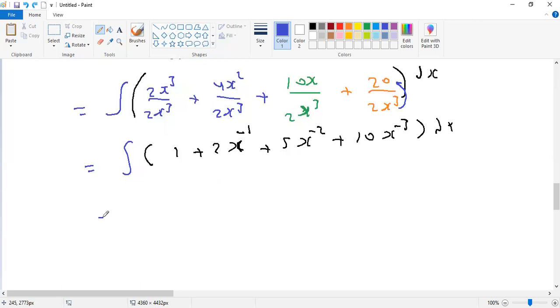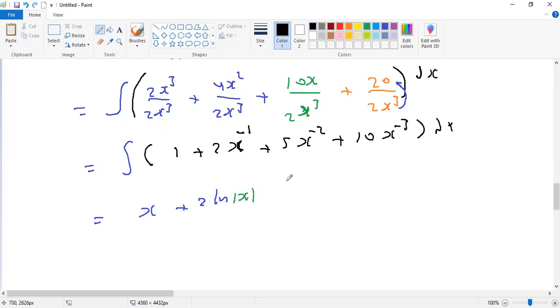It equals: the first one is x, since the derivative of x is 1. Plus the second one, where the power is -1, so it will be ln. We have 2, so this one will be 2 ln of the absolute value of x.